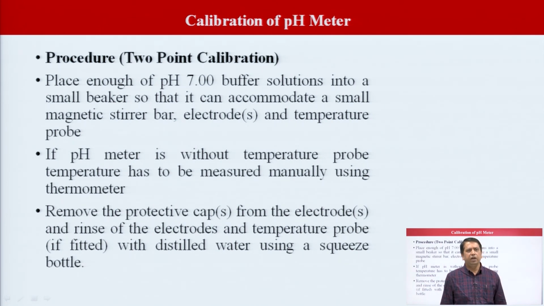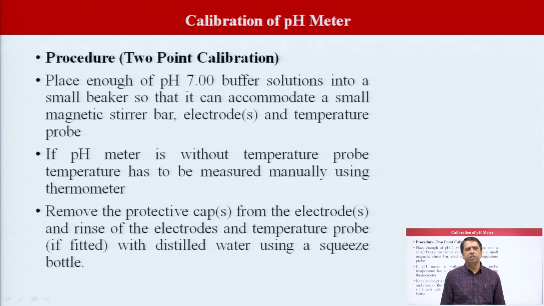Now, we have already discussed that 2-point calibration is one of the common methods. So, here is the procedure to perform the 2-point calibration. The first thing that we have to do is place enough of the pH 7 buffer solution into a small beaker, so that it can accommodate a small magnetic stirrer bar, electrodes and temperature probe.